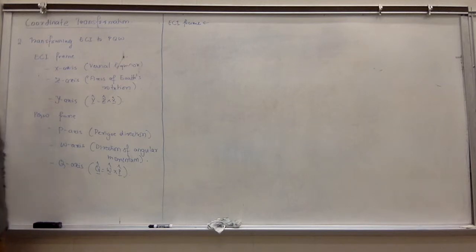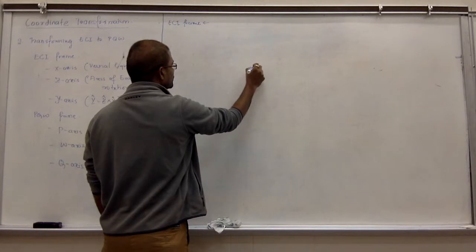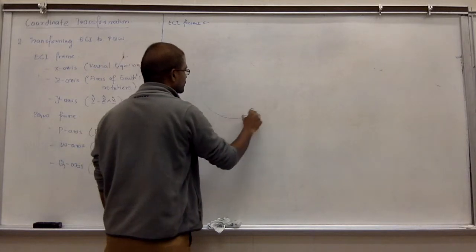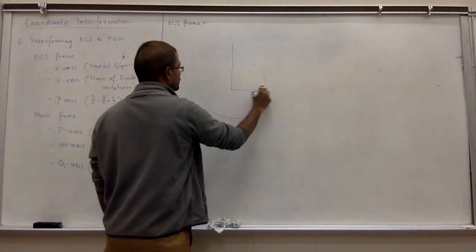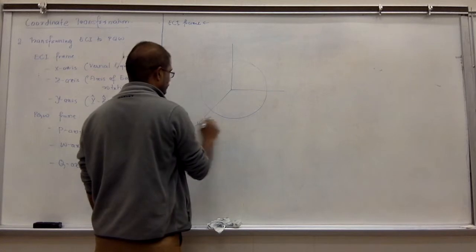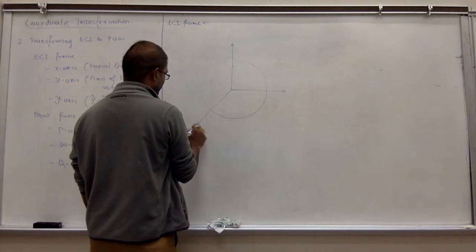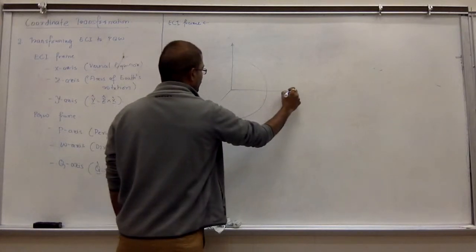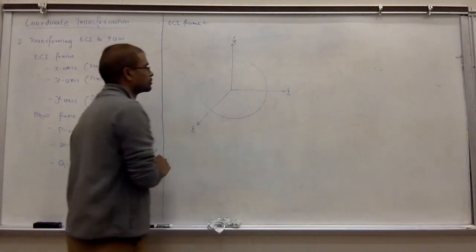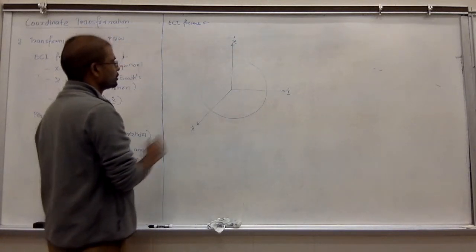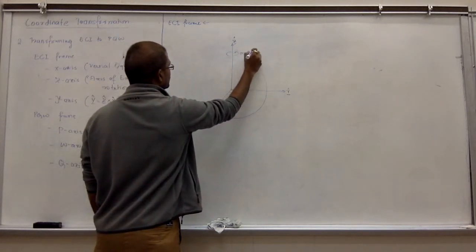If we have this as Earth, in ECI this is the x-axis, this is the y-axis, and this is the z-axis, which is the axis of rotation.